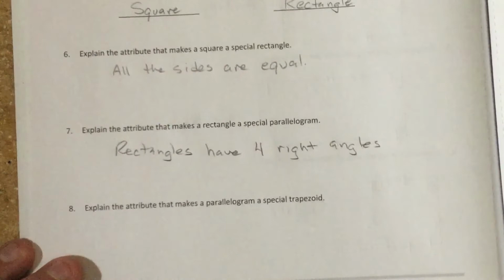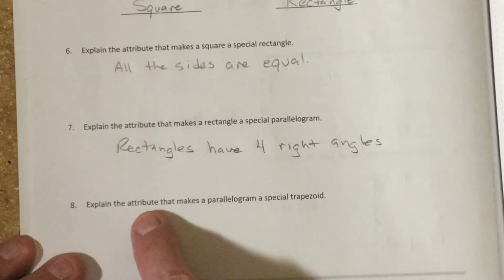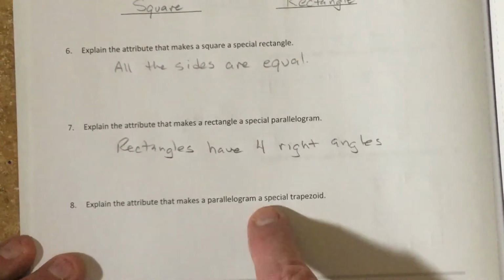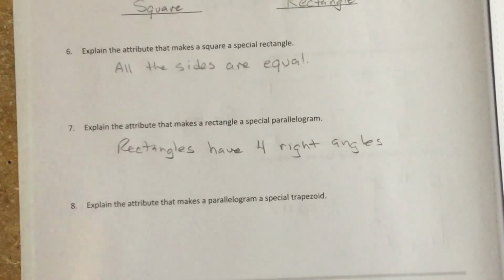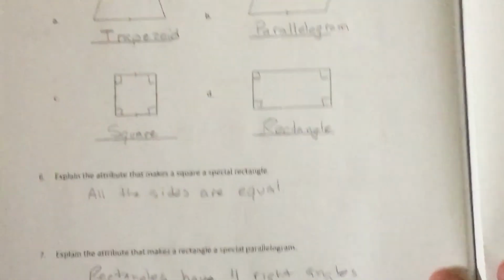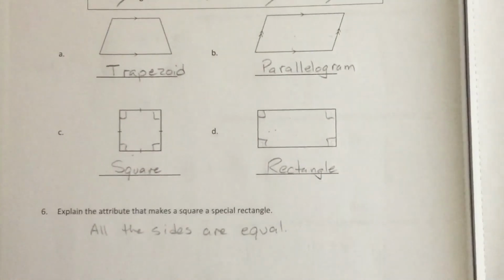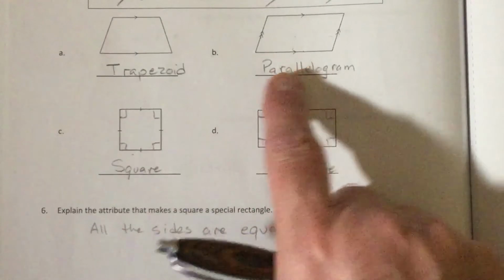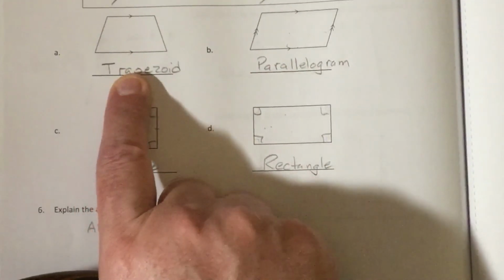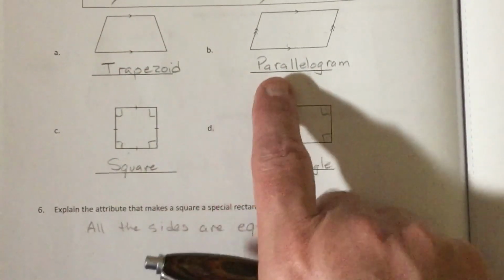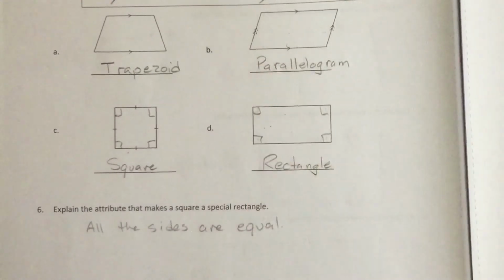And the last question, explain the attribute that makes a parallelogram a special trapezoid. Ooh. I don't know that a parallelogram is a trapezoid. That's hard to say real quickly. Because trapezoids only have one set of parallel sides. Parallelograms have 2 sets.